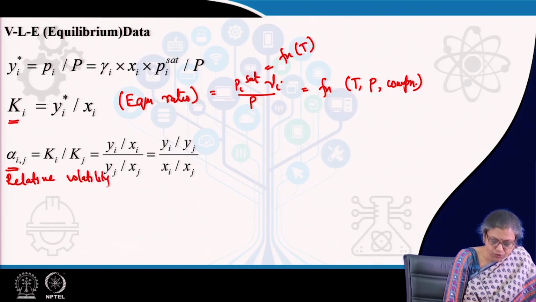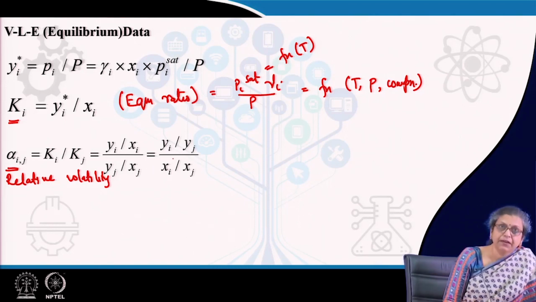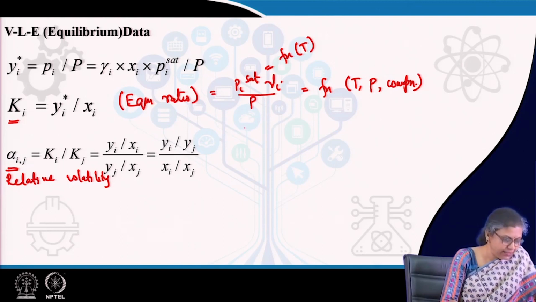It simply shows the ease of separation of the two components, and you will find that very frequently the equilibrium data are expressed in terms of alpha ij, right.